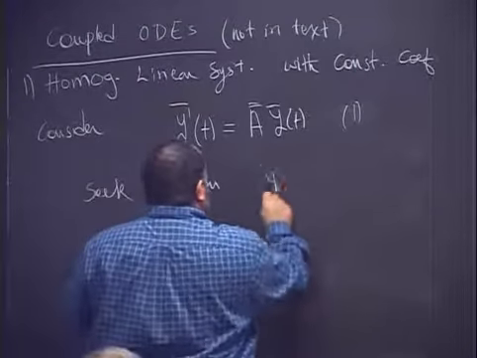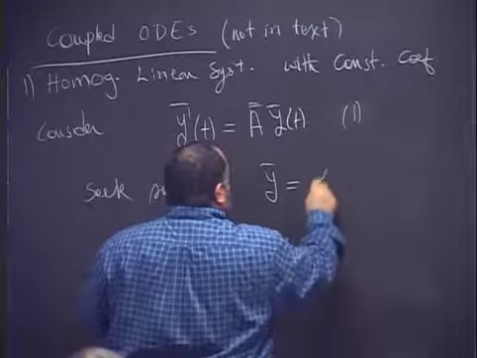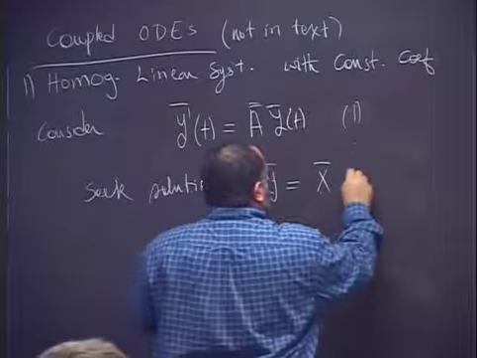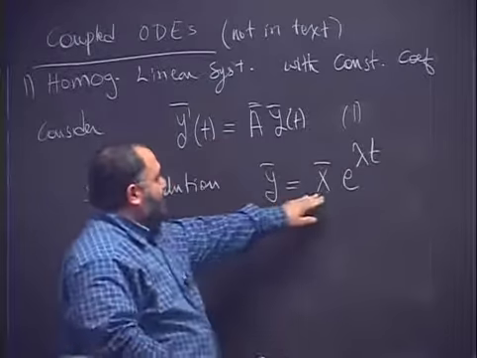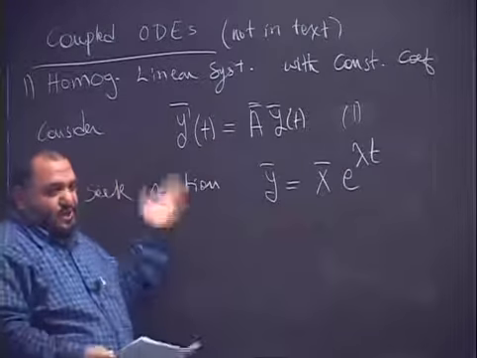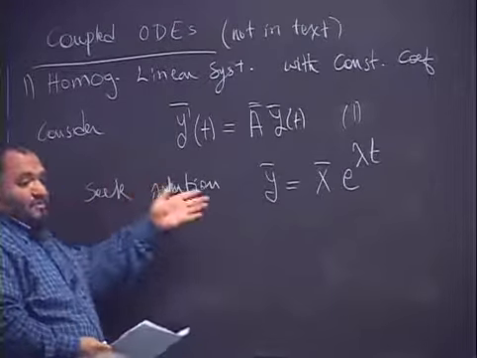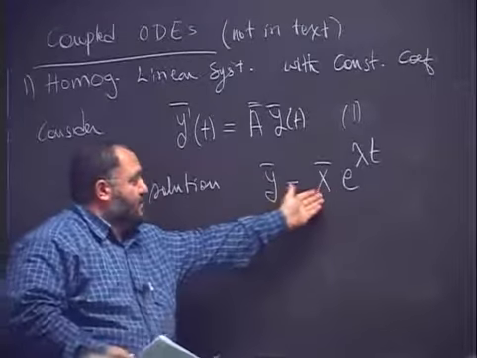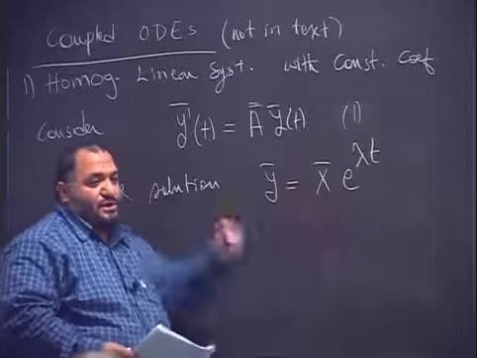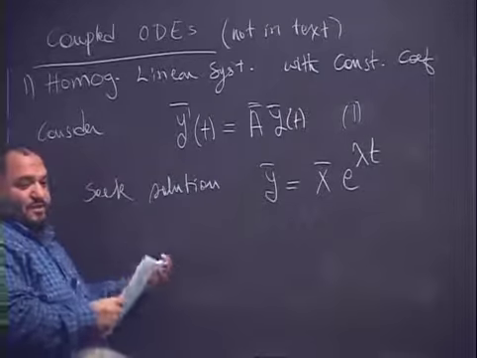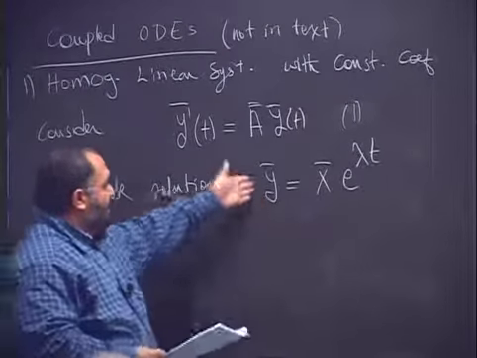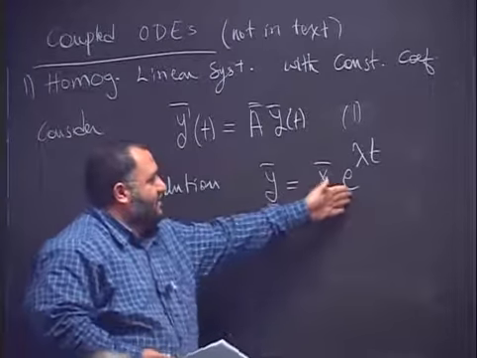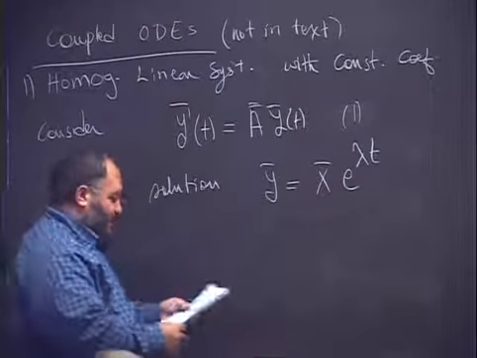We will seek a vector y equal to a vector x e to the power of lambda t, where this vector x here is a vector of constants. The vector y will be the vector x, and you can take e to the power of lambda t outside.